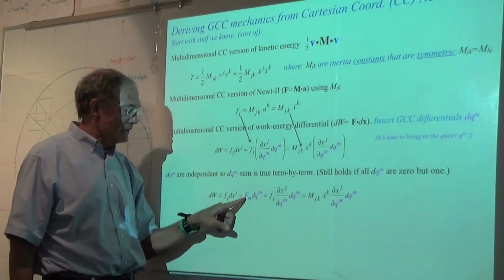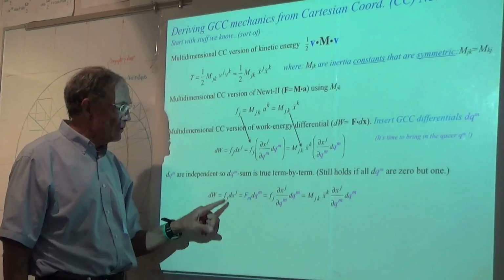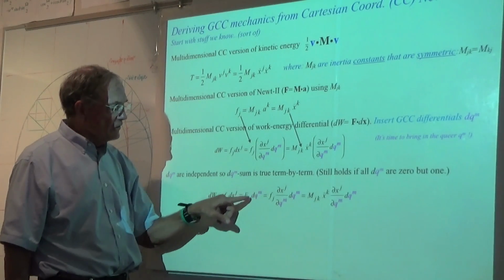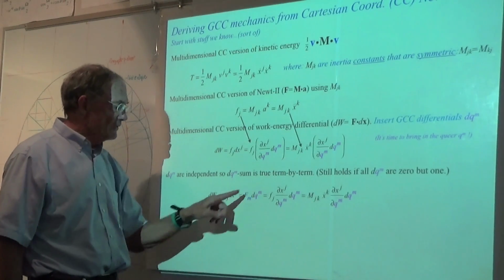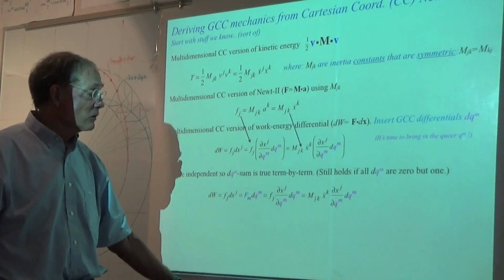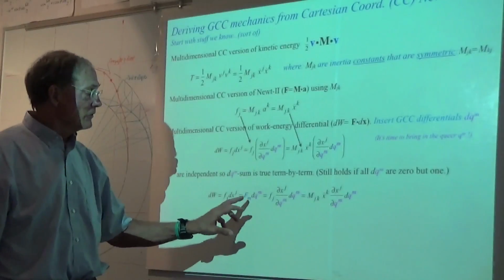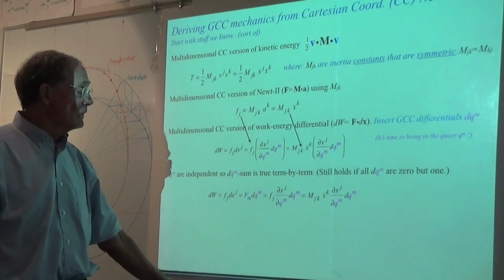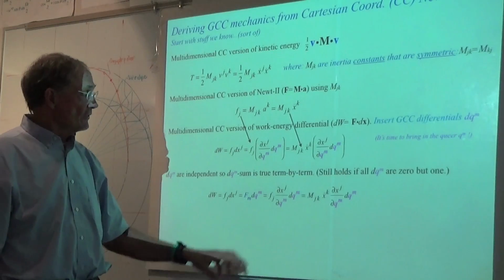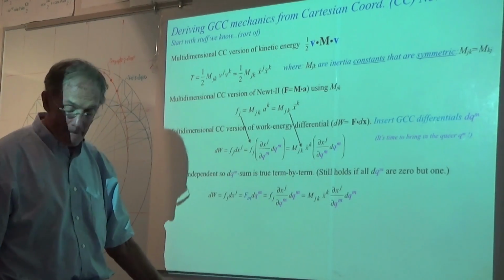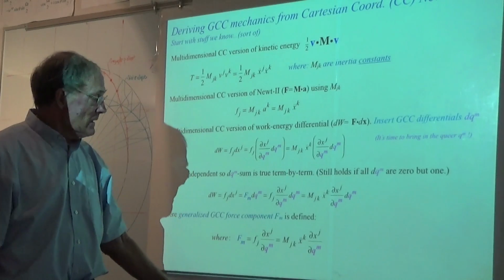I'll call it capital F, uppercase F as compared to lowercase f, with its indices corresponding up and down with the queer q coordinates. So we have a queer force, queer coordinate relation for differential work. And this is basically the same as what we've got up here.